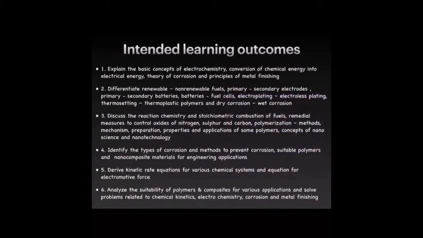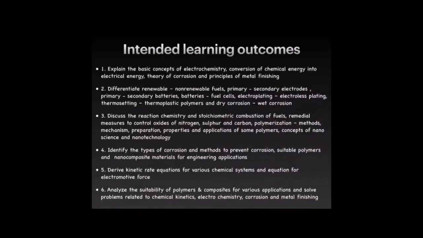What are the intended learning outcomes from this course? At the end of the course, students are expected to solve or answer the following questions. First, explain the basic concepts of electrochemistry, conversion of chemical energy into electrical energy, theory of corrosion, and principles of metal finishing.